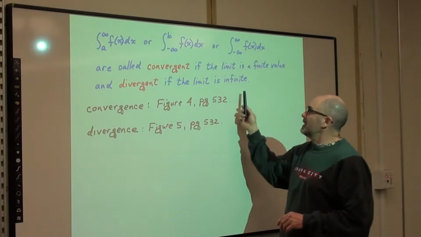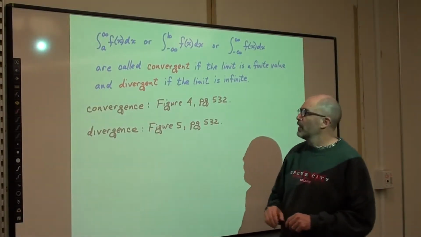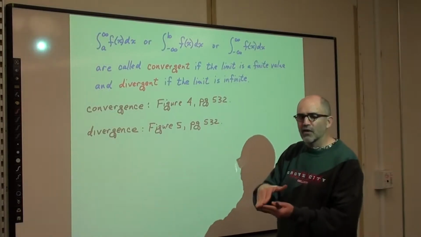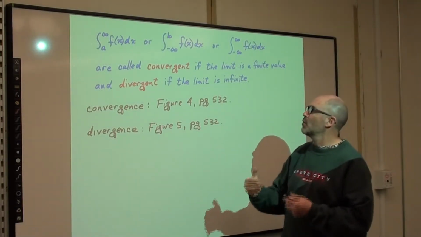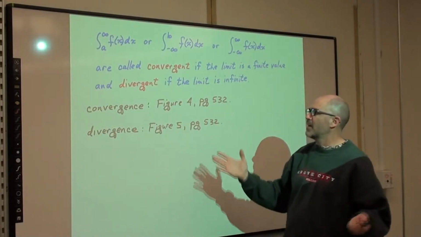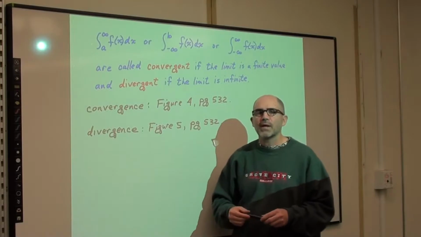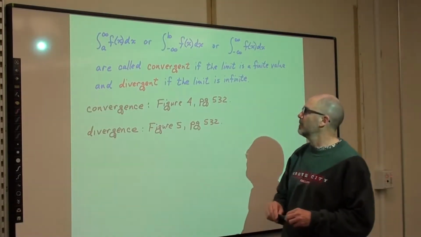If the limit's infinite, then you would say that the integral is divergent. So convergent, it converges to a single value. Divergent means it diverges. There's no single value that you're going to be able to calculate for the area.